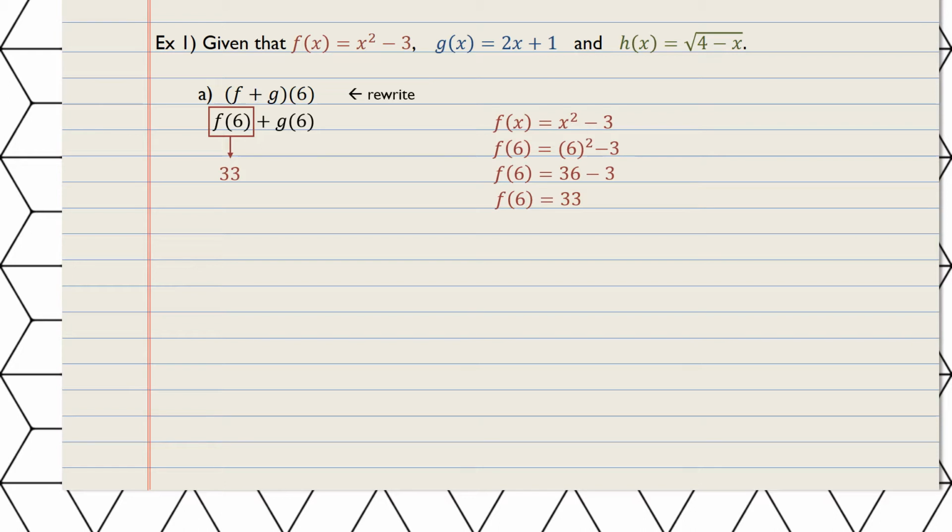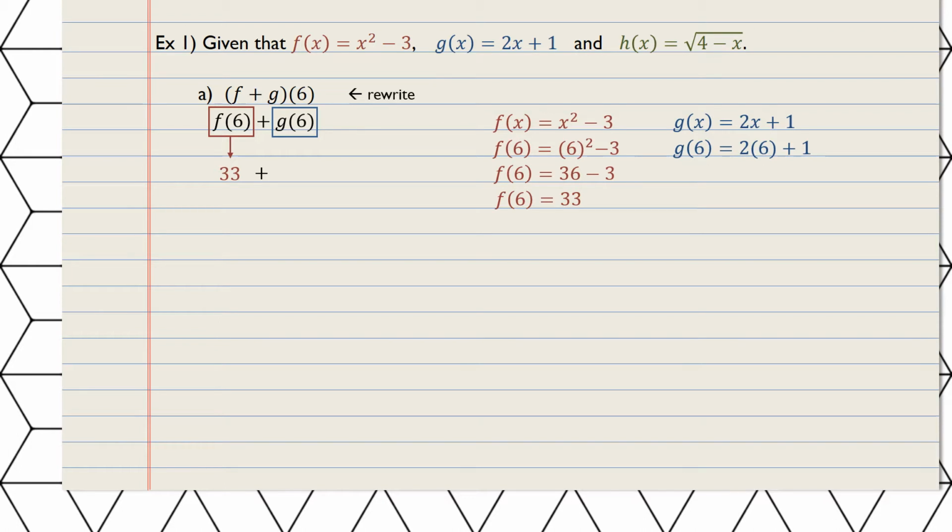Next, we look at what the operation is. What are we being asked to do of these two functions? Well, we're being asked to add, so make sure you do not lose that symbol. Next, we see the function. It says g of 6, so that means we must use the g function, which was 2x plus 1. Because it says g of 6, that means in place of x, plug in a value of 6, and now we must follow GEMS.